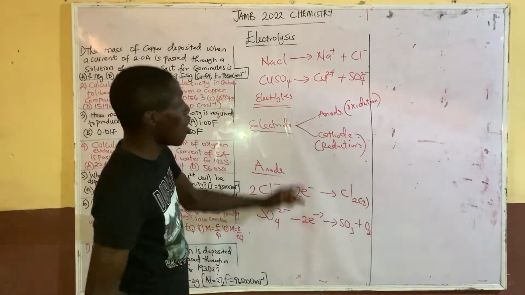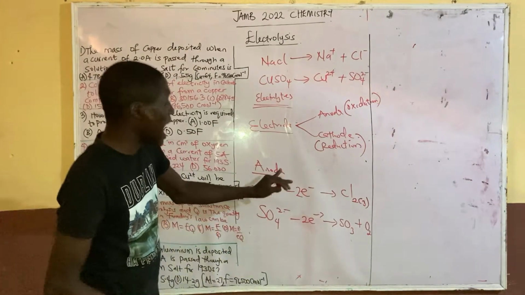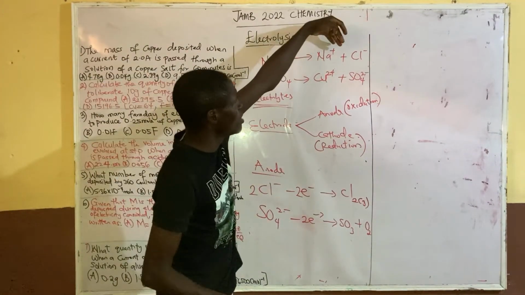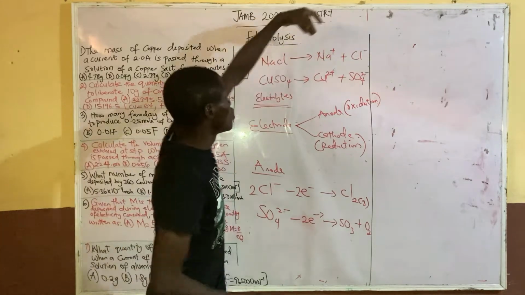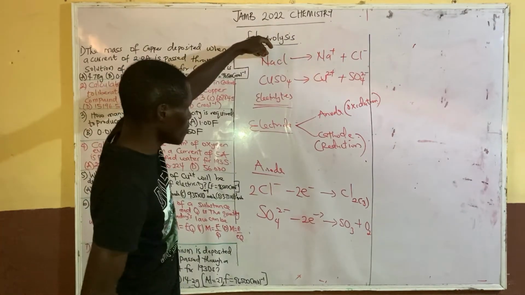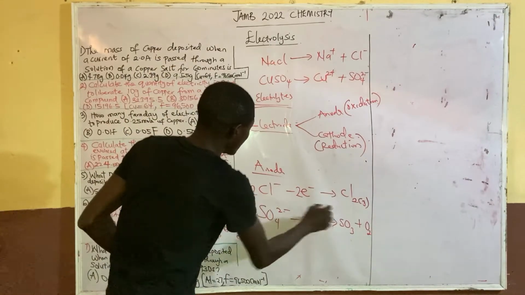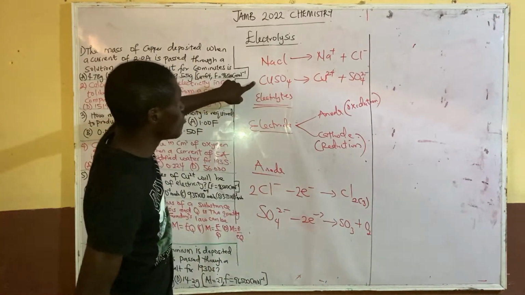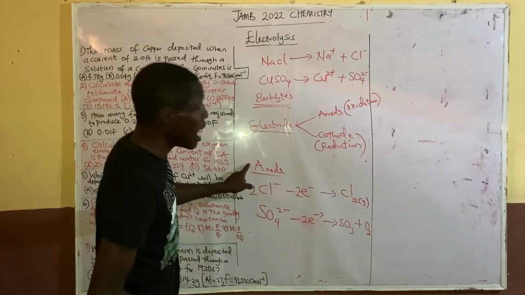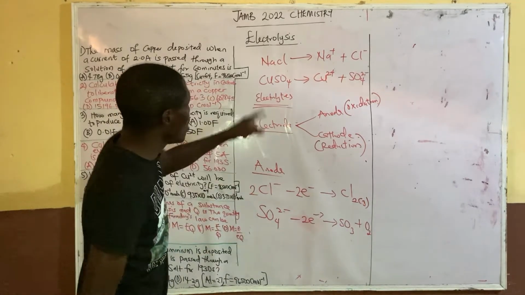These are the reactions that occur at the anode when you use sodium chloride as your electrolyte. This reaction will take place at the anode when you use copper sulfate.